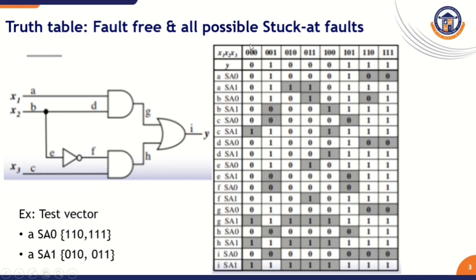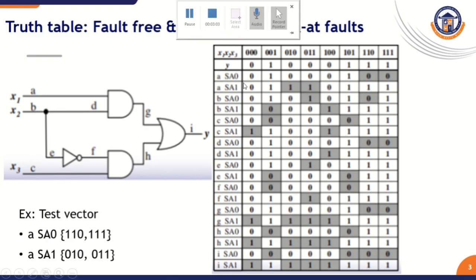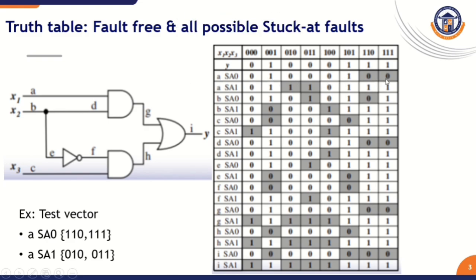The first row represents the input combinations of this circuit. The second row represents the fault-free response of the circuit. The other rows represent each line, for example here A. The third row represents the A line affected by stuck-at 0, and this is the output response of the circuit.